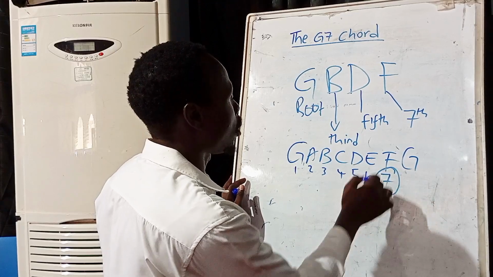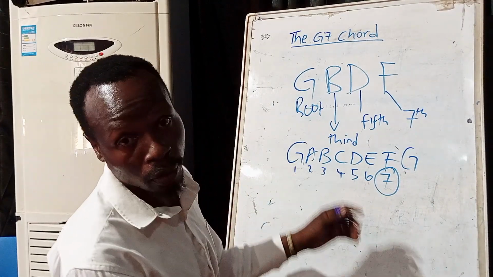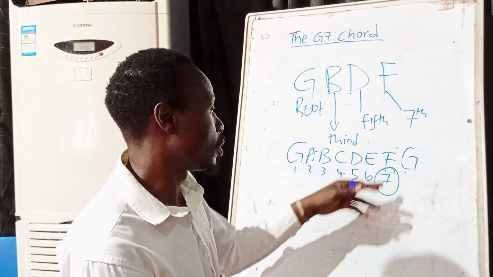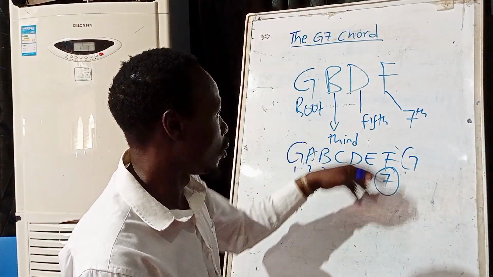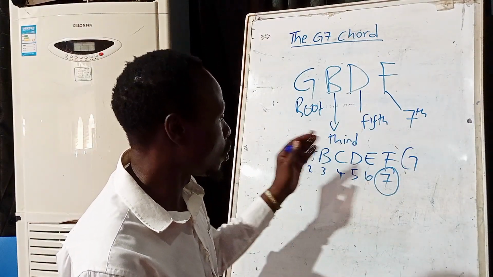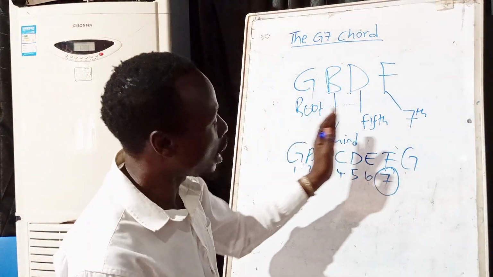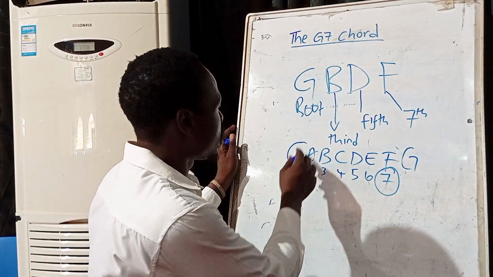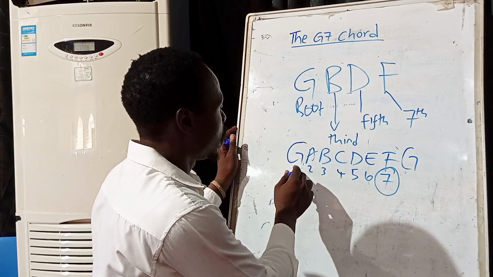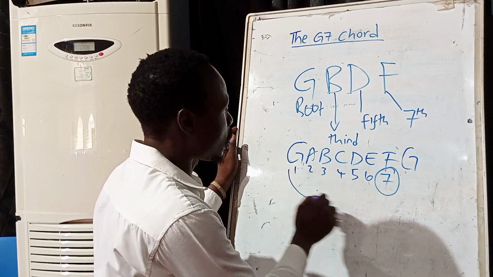So this is how the seventh comes in. This is how F is called a seventh, because it's a seventh apart from G. In other words, the interval from G to F is a 7th.